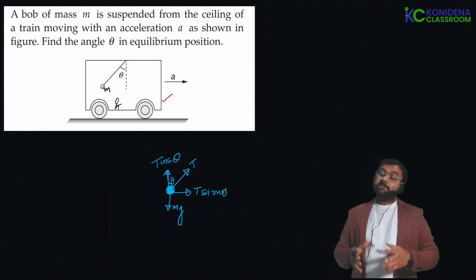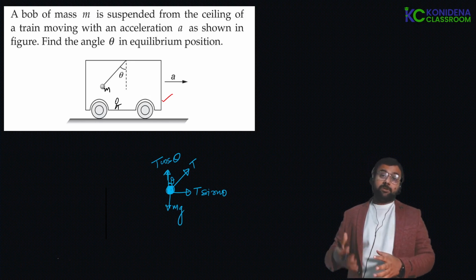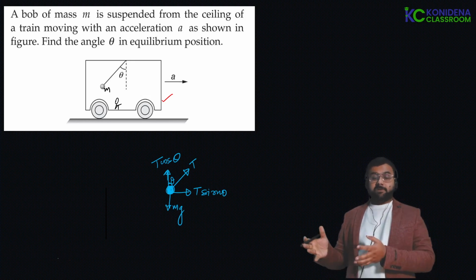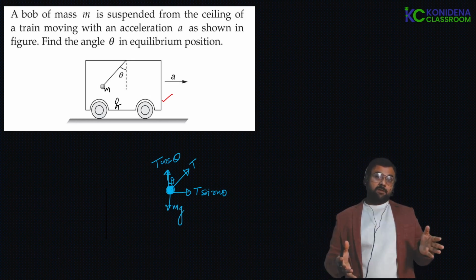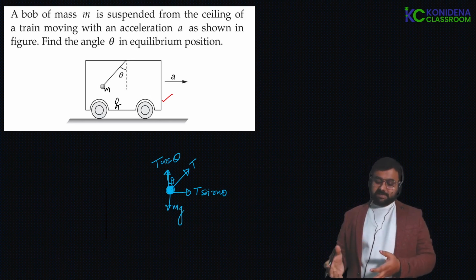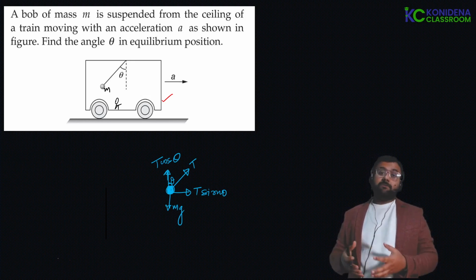Now we know that since this is the non-inertial frame of reference, we have to apply a force, that is pseudo force, just to make the laws of motion valid. Otherwise we can see here the tension is acting T sine theta rightward, but the bob has displaced leftward, right? With respect to that person, this T sine theta is not balanced by some force, right? So here laws of motion are not valid.